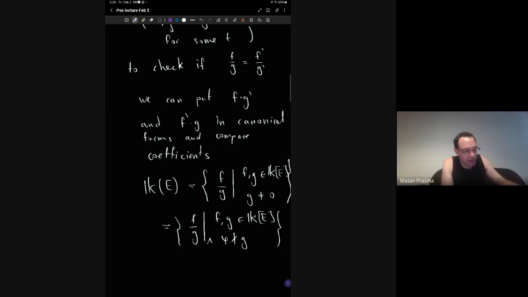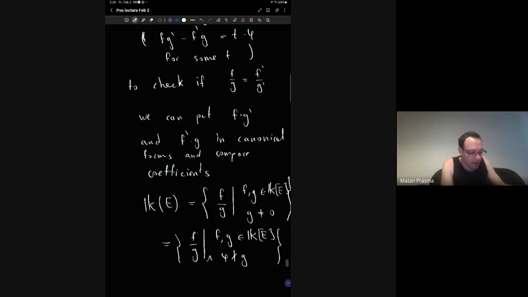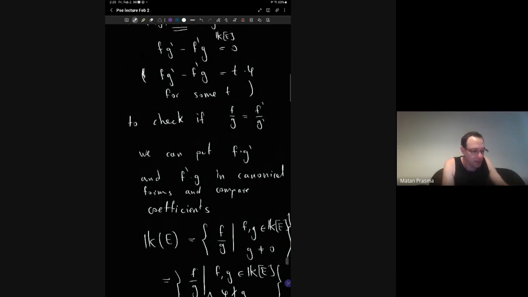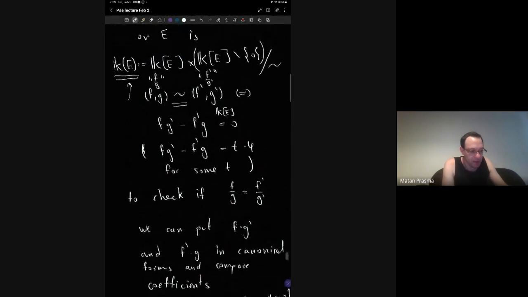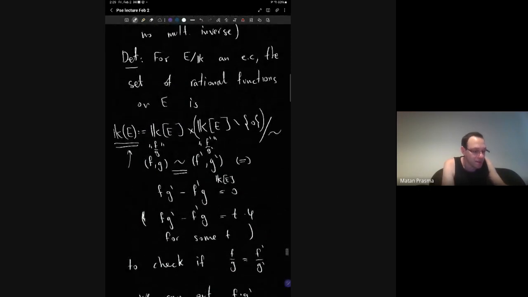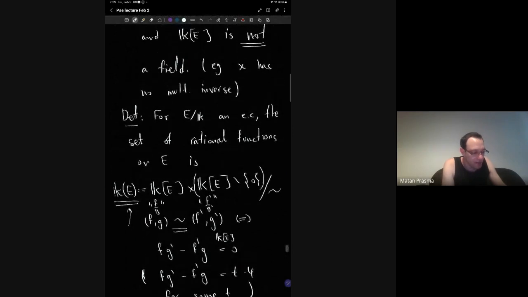Again, there are layers of equivalence relations because of how we defined it. We want a notion of polynomials on E. This is not just ordinary polynomials. Polynomials on E are like polynomials in two variables in which you can replace every term y squared by the term x cubed plus ax plus b.